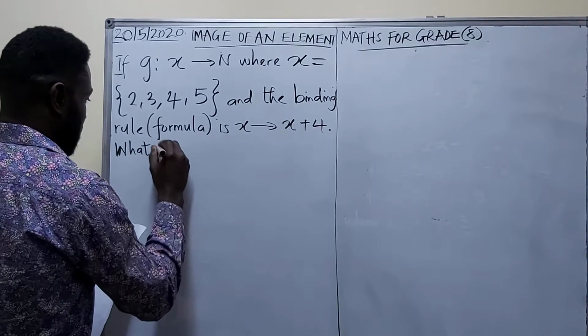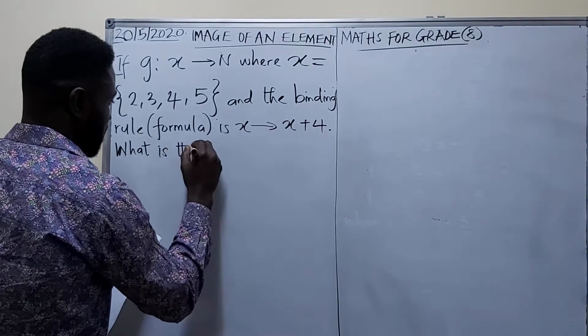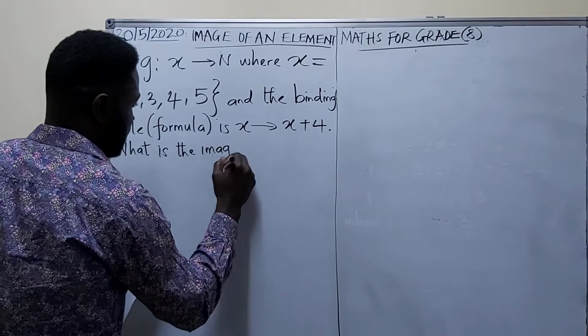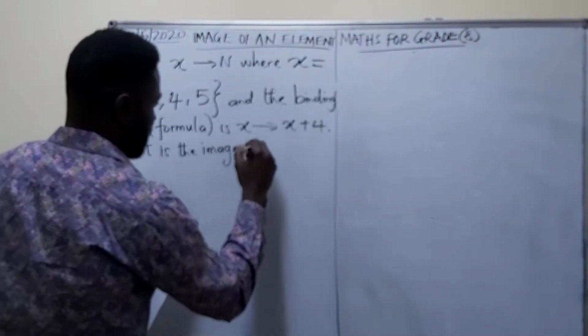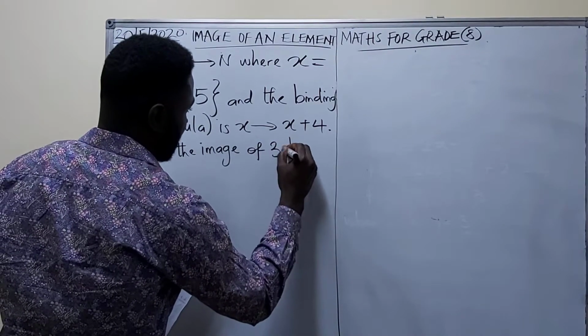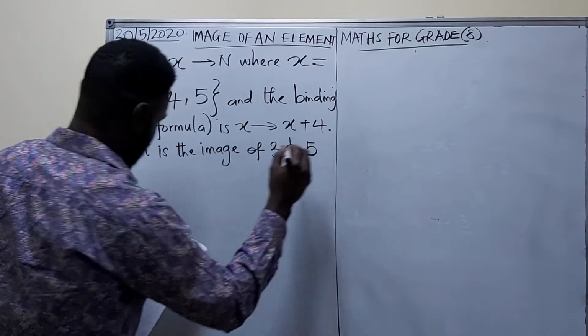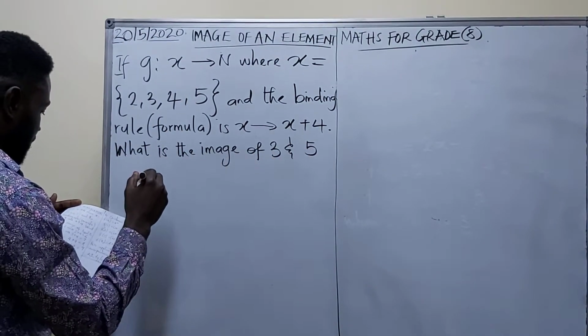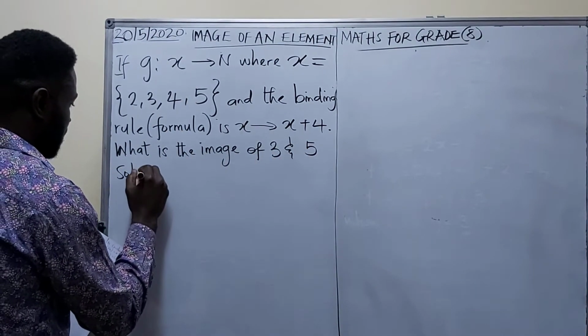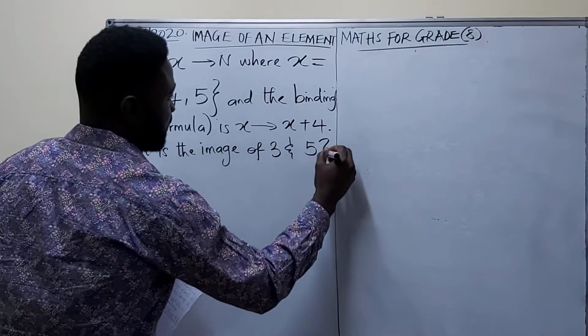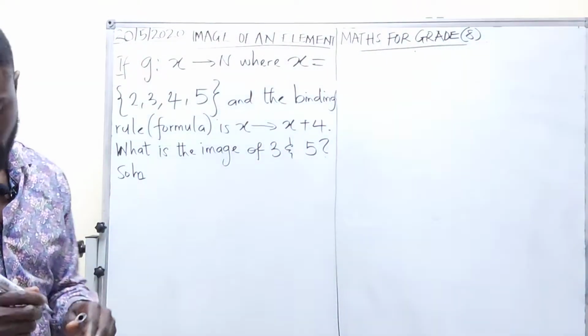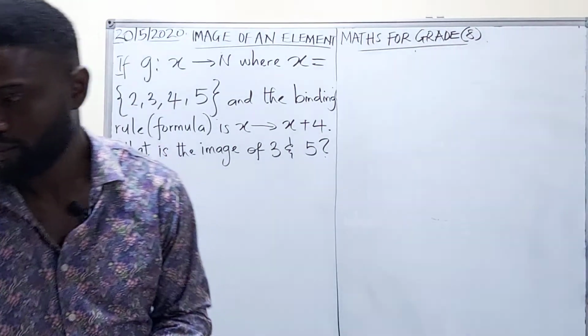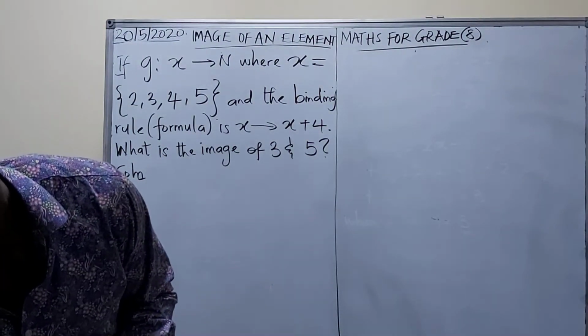What is the image of 3 and 5? That is the question.